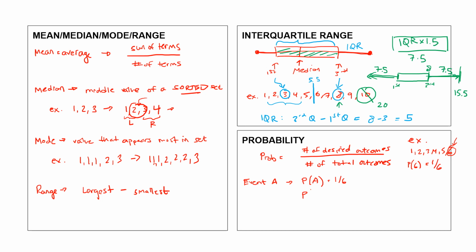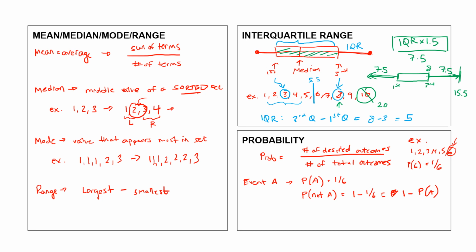So we can just say P of not A, and that's simply because in probability, everything has to add up to 100%. So the probability of not A has to be 1 minus 1/6, or more generally, 1 minus the probability of A happening.